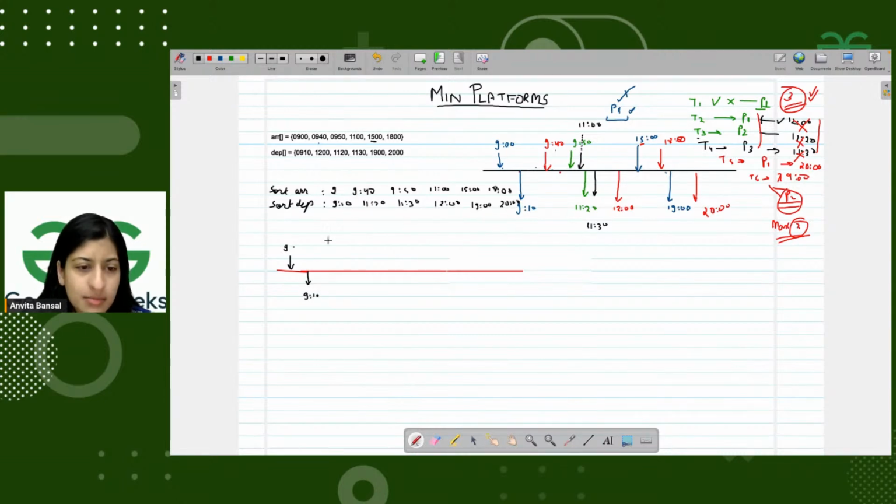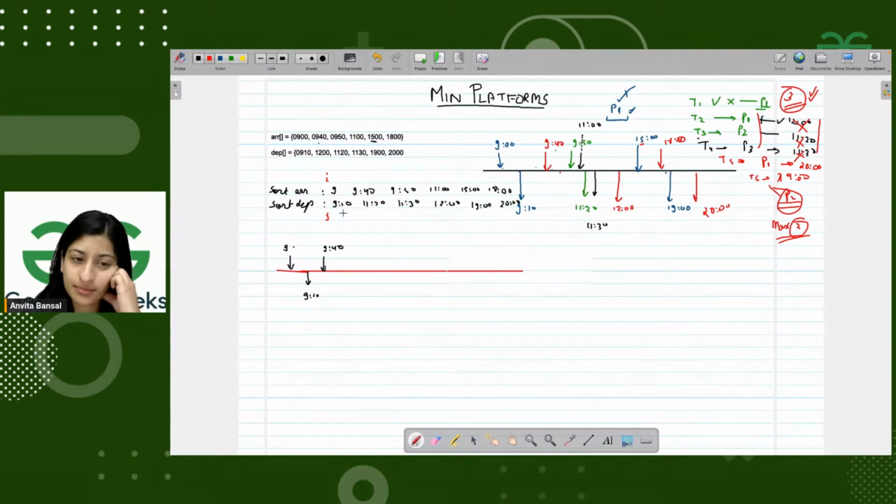Okay, some train comes at 9:40. Fine. Let's say you are using some I index to iterate over this, and some J index to iterate over this. We will be using I for iteration over the arrival array, and J for iteration over the departure array.